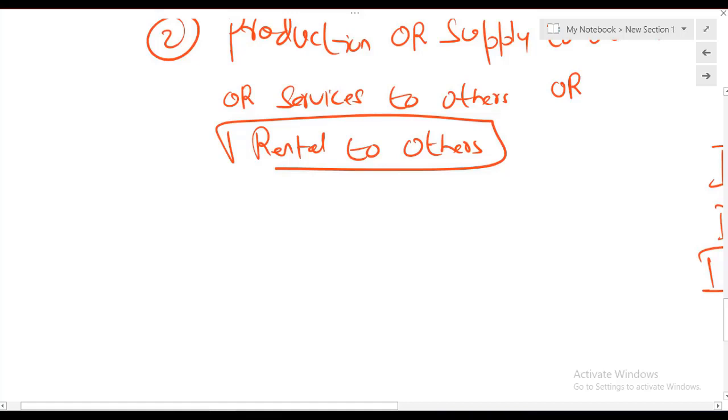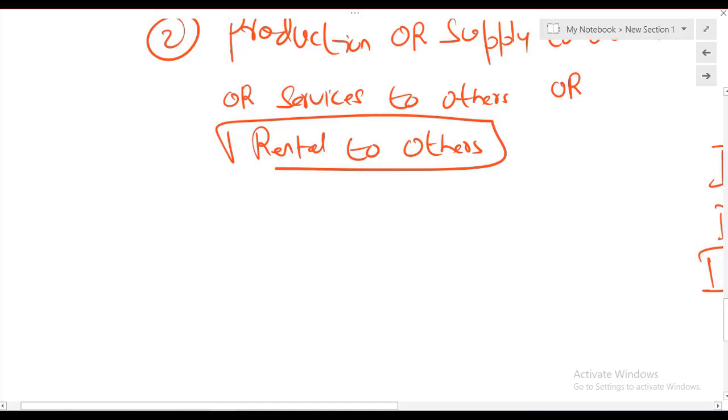So how to differentiate when I apply IAS 16 on a property given on rent, and when do I need to apply IAS 40? Because from both the properties we are getting rent.